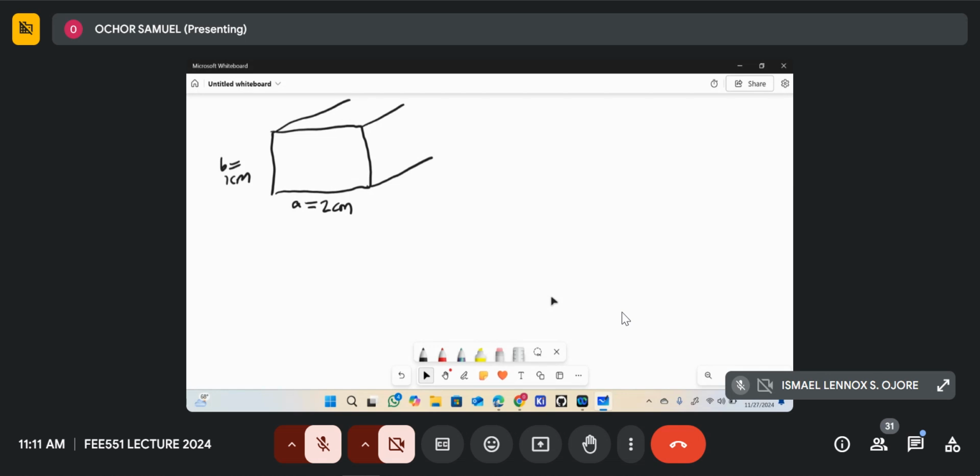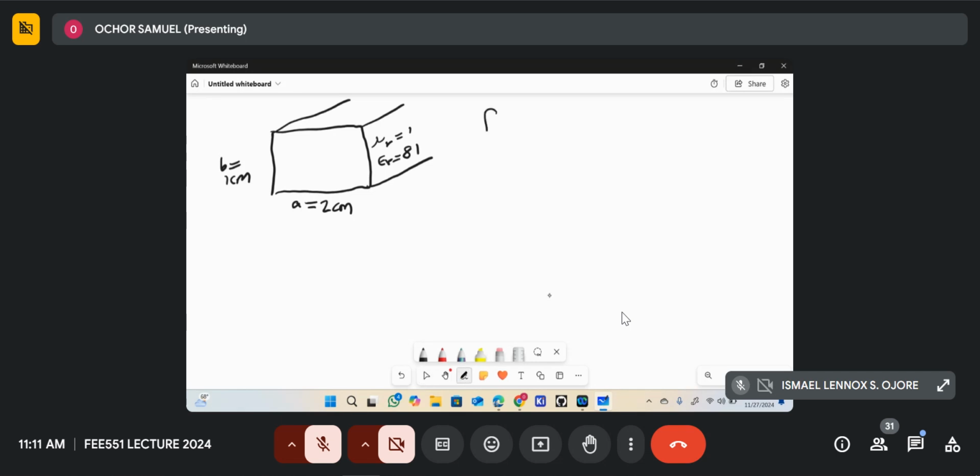So we have mu r as 1 and epsilon r as 81.